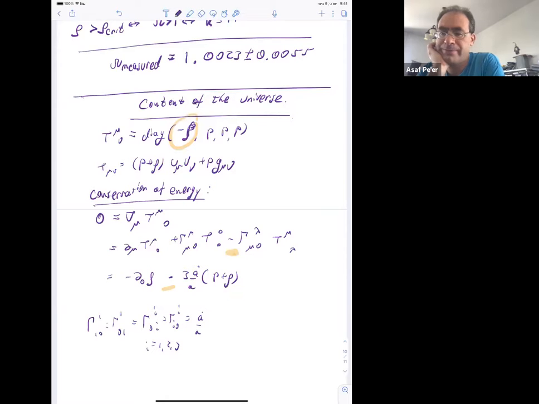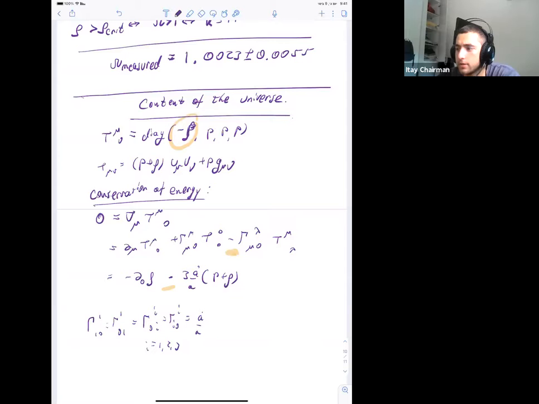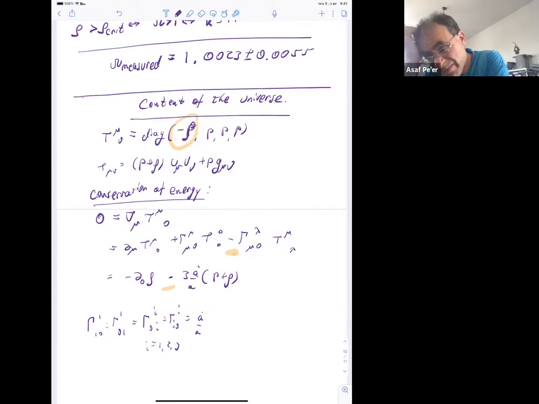You've seen that. You used that, not in this course maybe, but in other courses of physics. Continuity equation? No, no, we're talking about pressure and energy density.